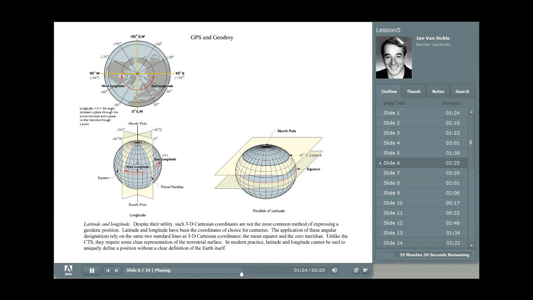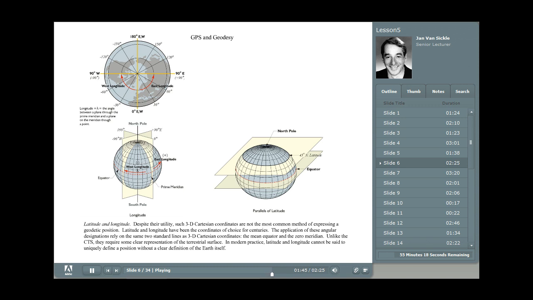But one point I want to make right away is that when one talks about latitude and longitude, there is more than one kind, more than one flavor, depending upon the datum on which you're discussing them.